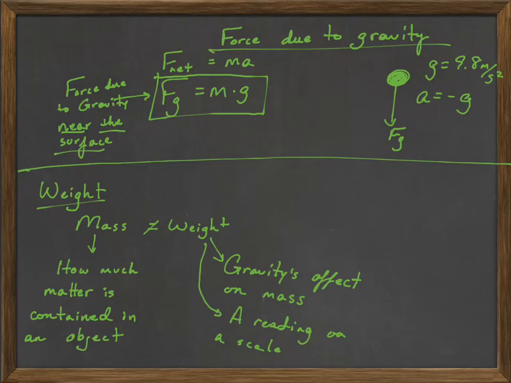So essentially we say that weight is not necessarily a force. Weight is a measurement. Weight is a result of weighing something. So if you have an object that's stationary, let's say that I've got a scale here. Typically how scales work is we put the mass on the scale, and gravity tries to pull this thing downward, but because it's touching a surface, there's a normal force pushing back.